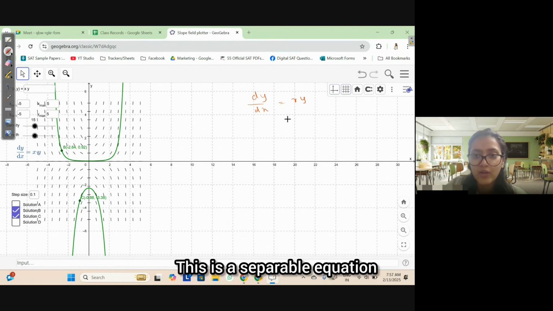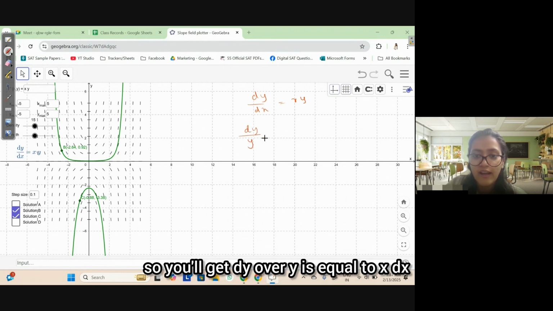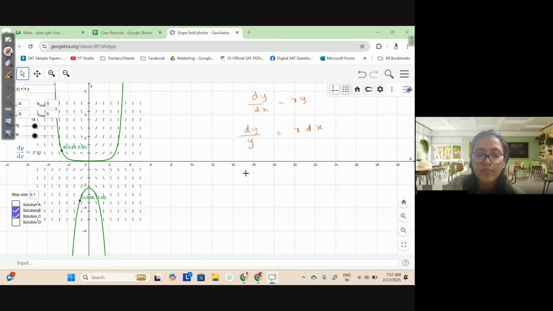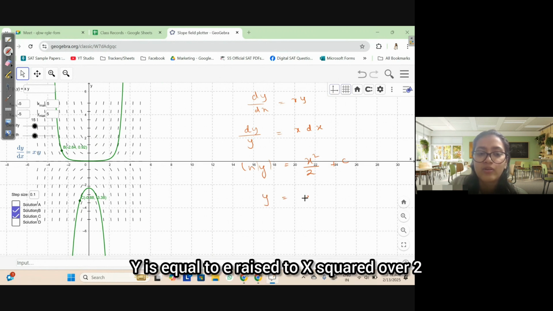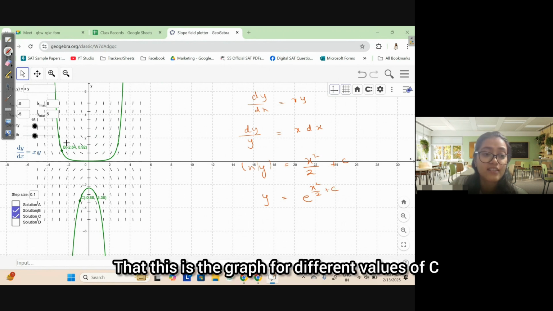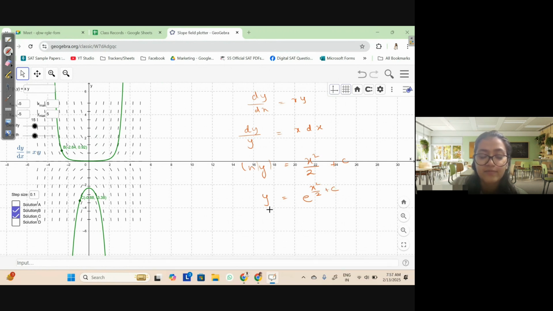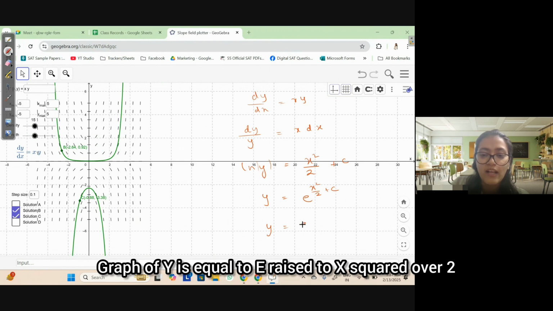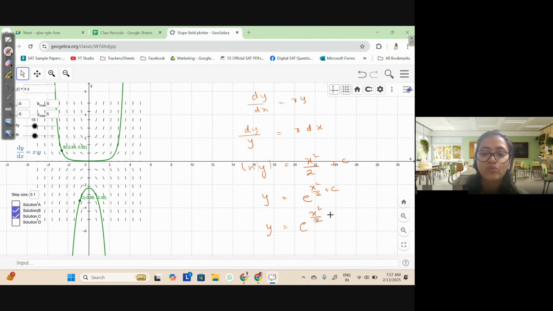This is a separable equation, so you'll get dy over y is equal to x dx. dy over y is ln y, equals x squared over 2 plus c. y is equal to e raised to x squared over 2 plus c. This is the graph for different values of c. Graph of y is equal to e raised to x squared over 2.